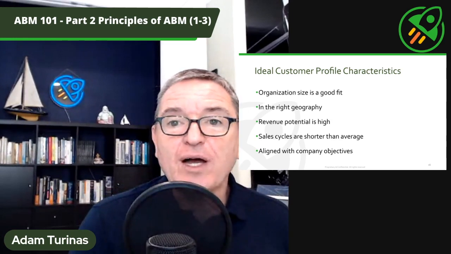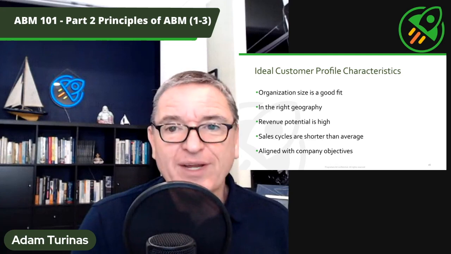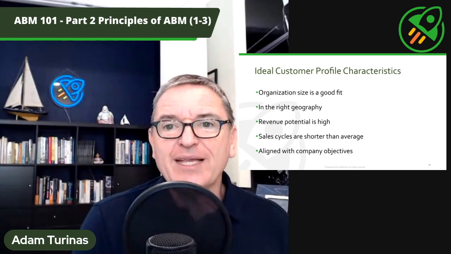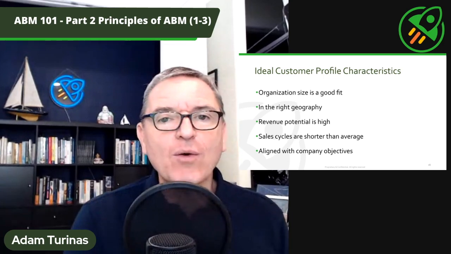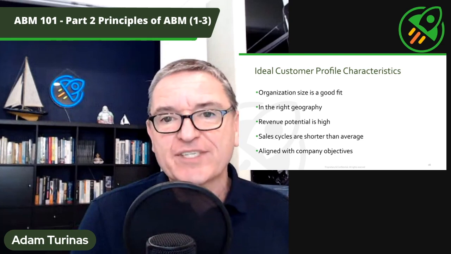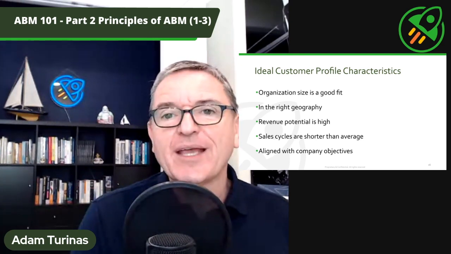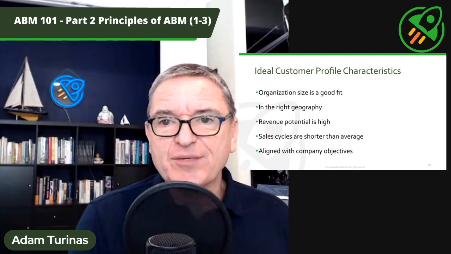You shouldn't necessarily assume that you're going to market nationwide. And obviously, you may be dividing things up into territory. The third one is the revenue potential for you is high, and I'll give you an example in a little bit from my previous company, my software company, where we made some very strategic decisions about that.